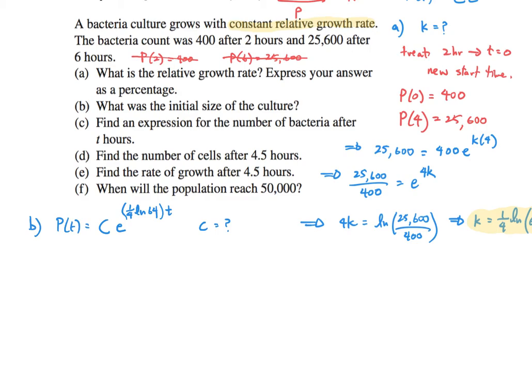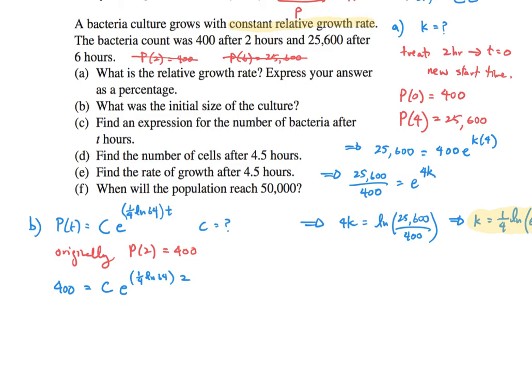So I am going to use the fact that originally P of 2 was equal to 400, and substitute both of those into our general solution. We get P of 2, which is 400, is equal to C, which is what I'm solving for, times e to the 1 over 4 natural log of 64 times 2.